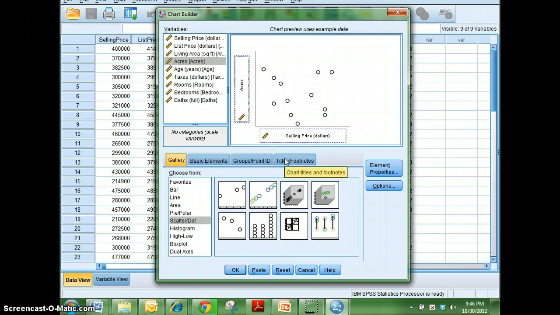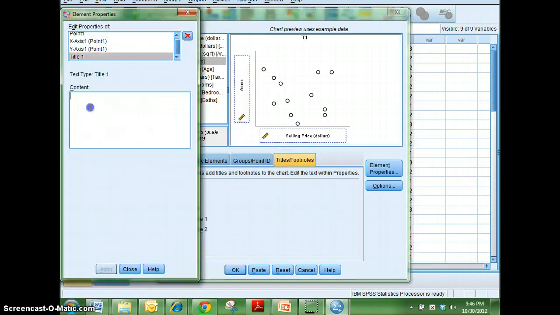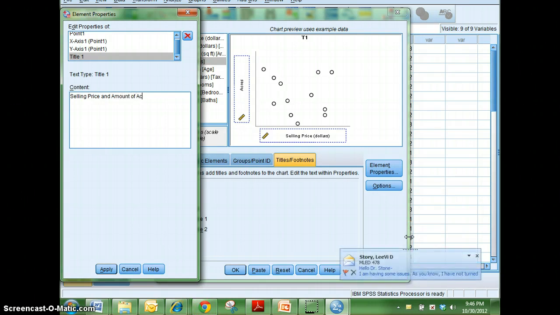But before we get to that, let's make a title for this graph. And so I'm going to say selling price and amount of acreage. Okay.